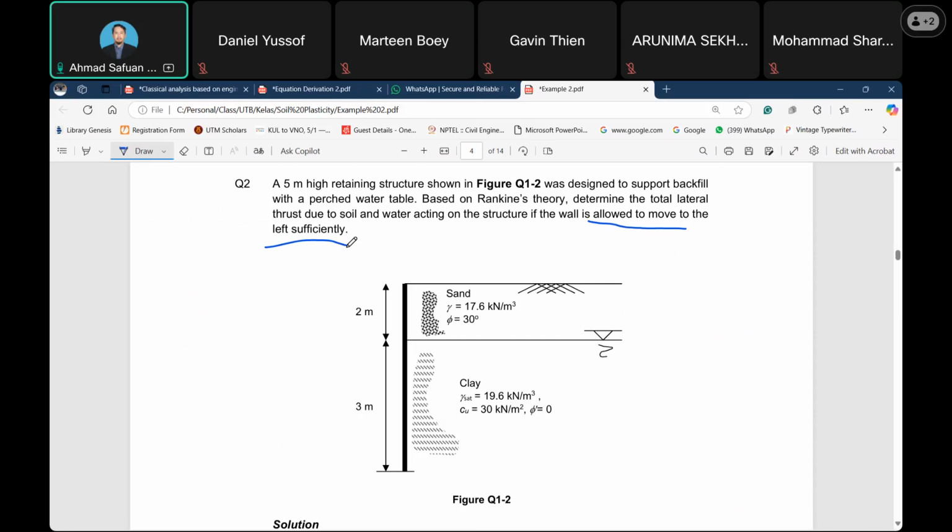The total lateral thrust means the loads, so we need to plot the pressure distribution diagram.